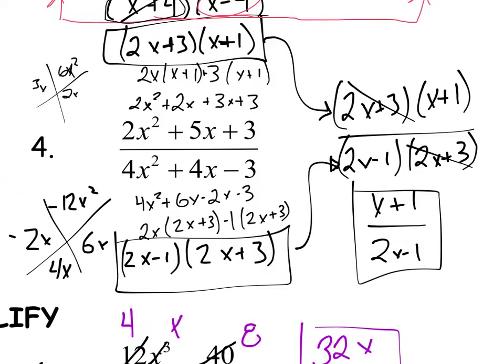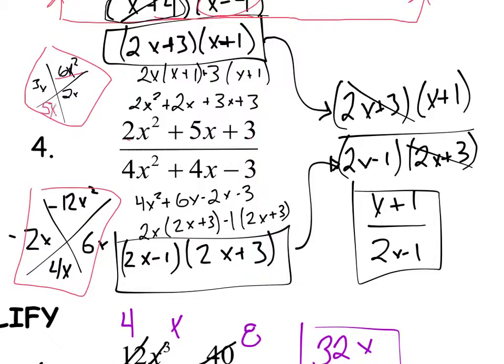Number 4, this one's a little bit messier because you do have these coefficients in front, which means that you do need to use the magic x to factor. So, taking a look, let me erase some of that mess out of the way. Alright. 2, okay, so 2 times 3 goes in the top there, 6x squared.